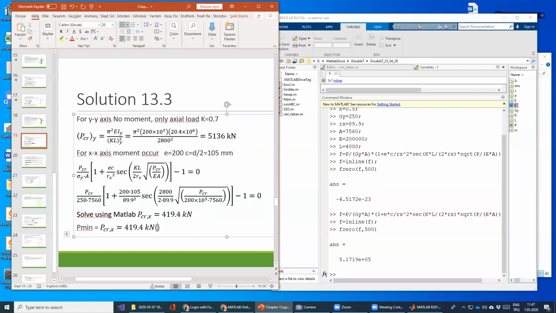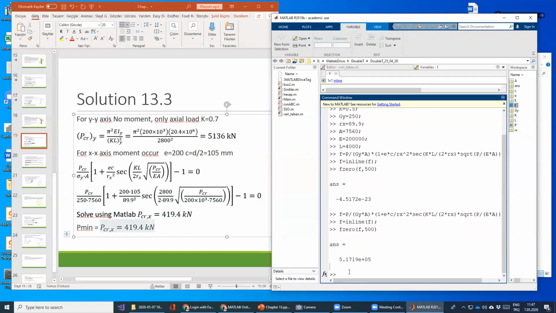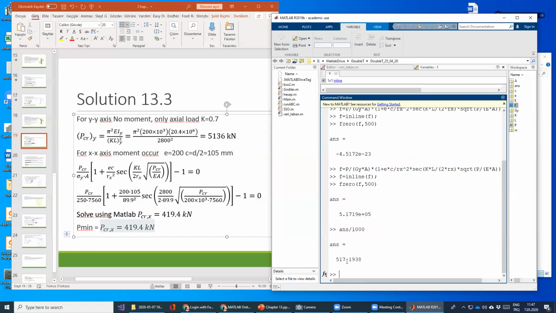If you divide it by 1000, this is kilonewton: 518 kilonewton. And my hand calculation, MATLAB 419. Which one is correct? I don't know.